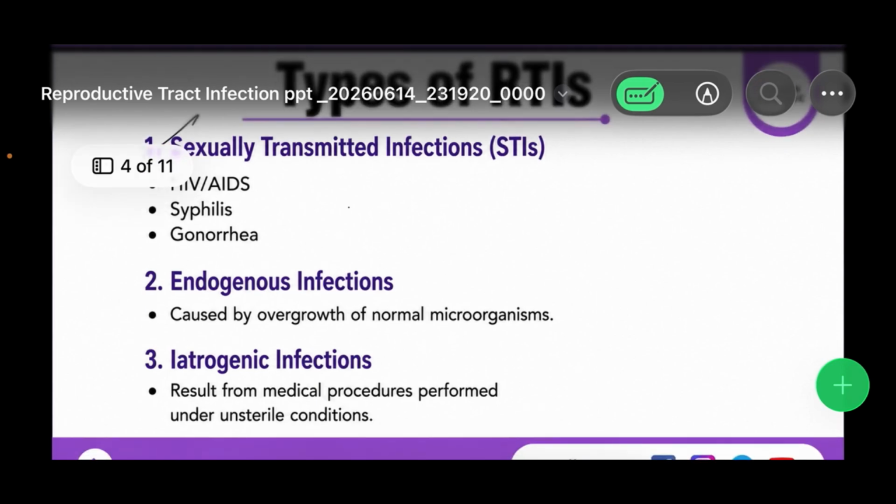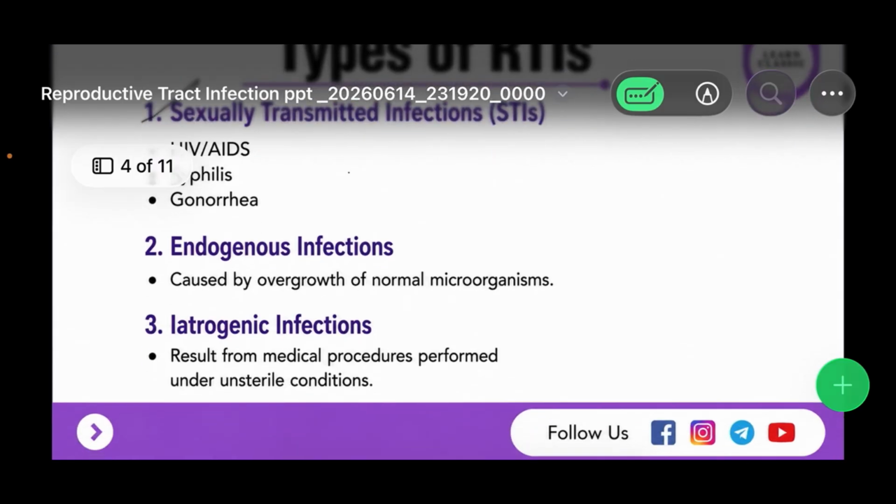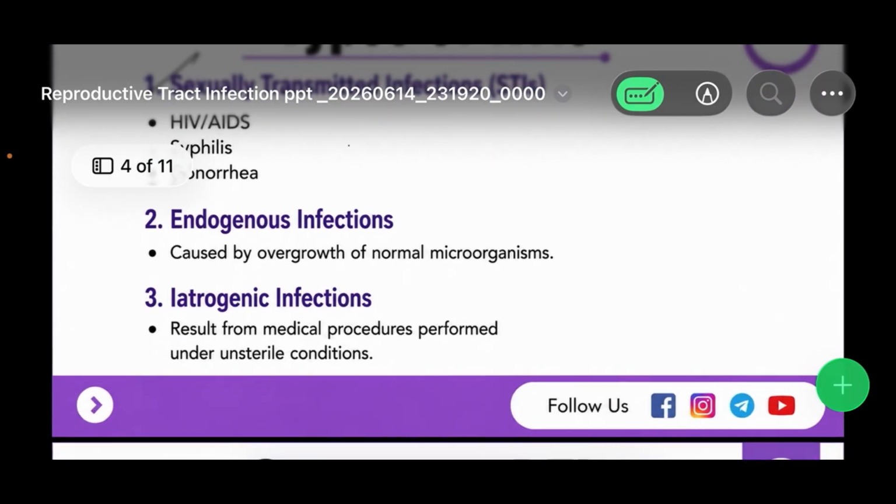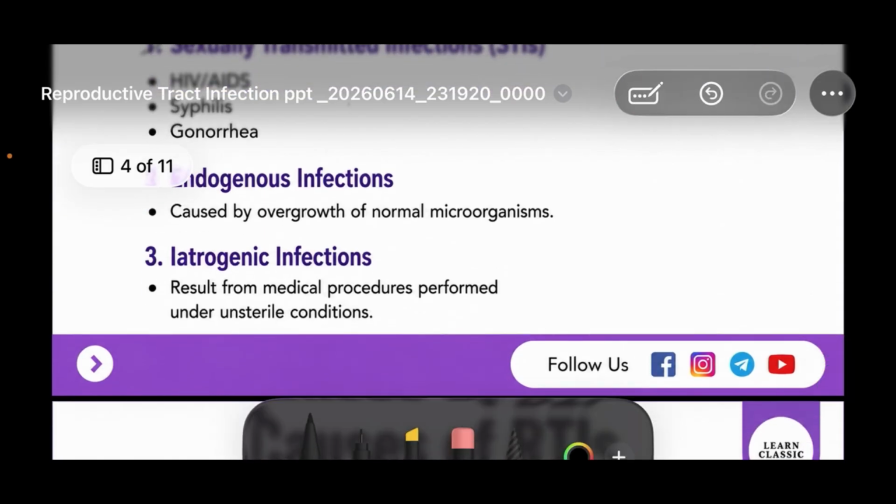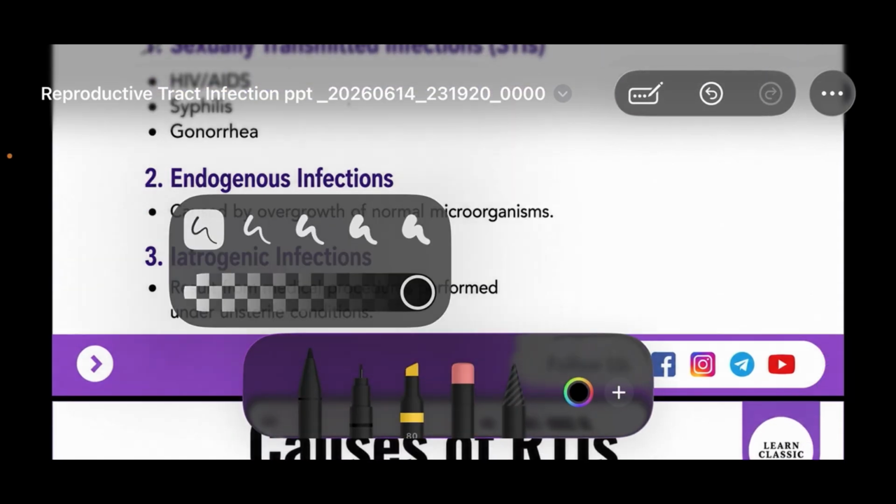Syphilis is almost eradicated now, but it is also a sexually transmitted infection and it is very dangerous. Third is gonorrhea, and then come the endogenous infections. Endogenous infections are the ones caused by overgrowth of normal microorganisms. So those are known as endogenous infections.